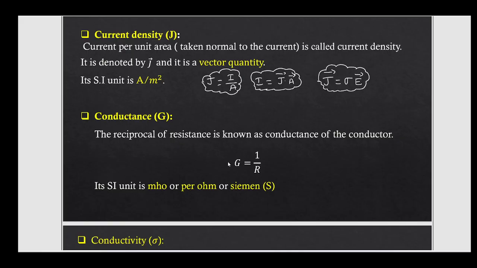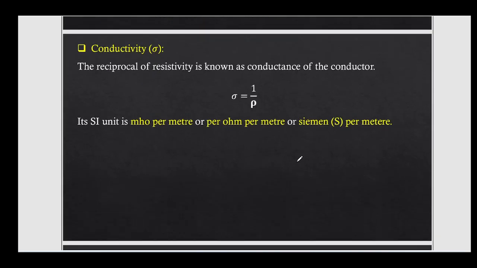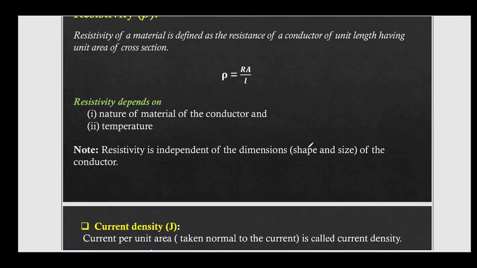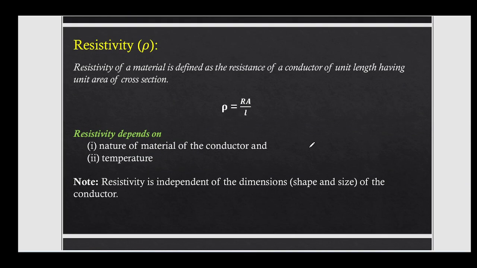Then we have conductance, which is the reciprocal of resistance. Then we have conductivity, that is reciprocal of resistivity. So just like resistance, we can write resistivity in different ways.